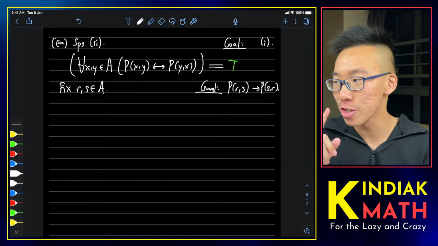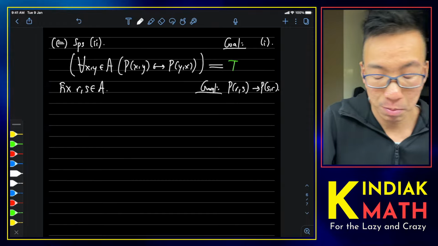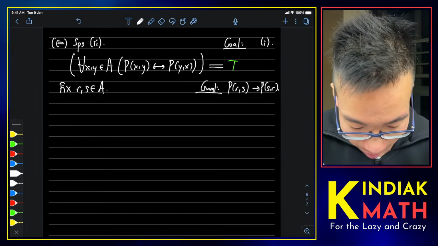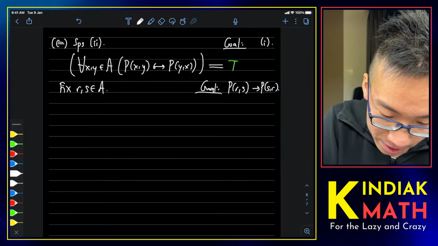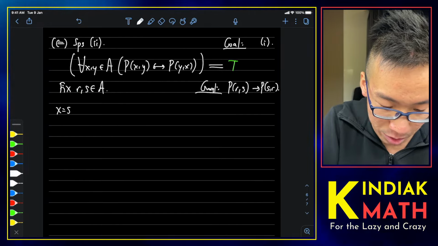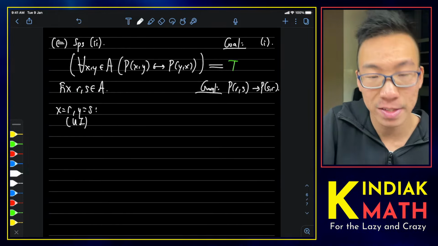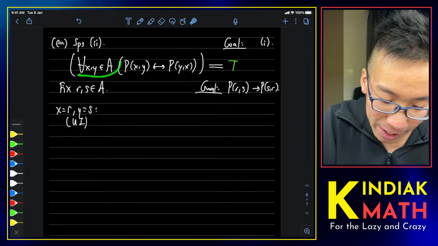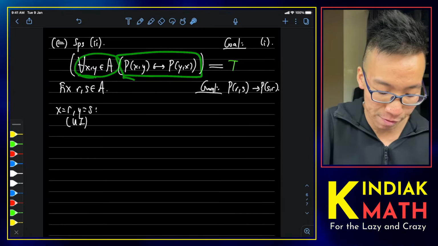However, I'm going to cheat a little bit, because there is a little hack that we can use even for the previous part. Since R and S are in A, we can substitute x equals R and y equals S, once again by universal instantiation, and get this proposition for free.